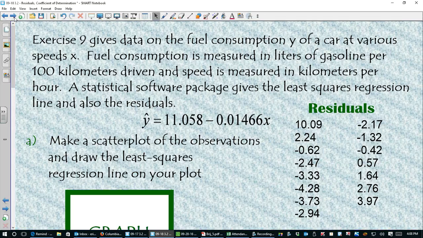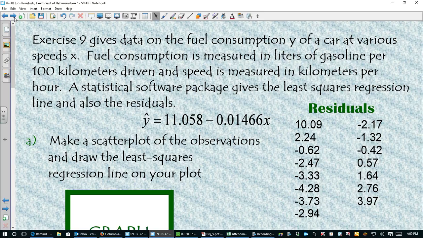Okay. Exercise 9 on page 159 is where I'm going to leave you with your assignment before you come to class tomorrow. You need to turn to page 159 in your book, and you have a chart for number 9 about speed in kilometers per hour and fuel used in liters per 100 kilometers.